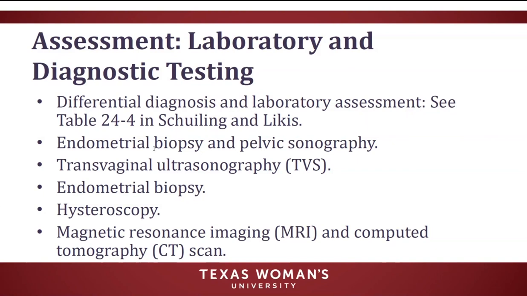Some of those are going to lead to endometrial biopsy, some to sonography, some to that hysteroscopy that we talked about, rarely an MRI or a CT scan. A pelvic ultrasound, particularly a transvaginal ultrasound, is the very best picture of the uterus and ovaries.